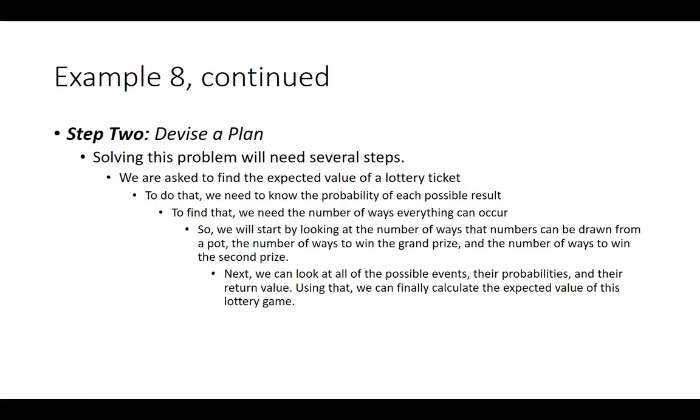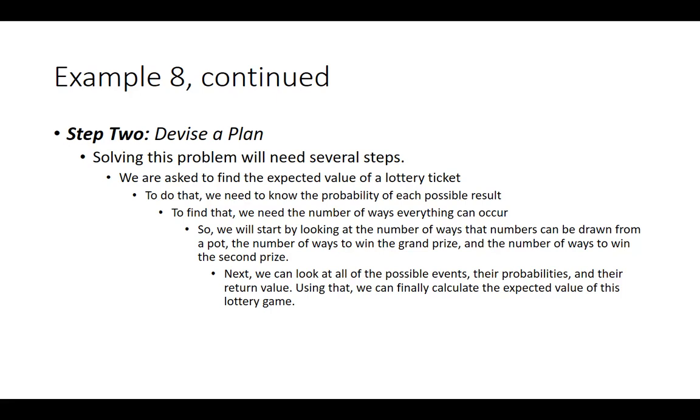Let's devise a plan. Solving this problem will need several steps. We're asked to find the expected value of a lottery ticket. To do that, we need to know the probability of each possible result. To find that, we need the number of ways everything can occur.